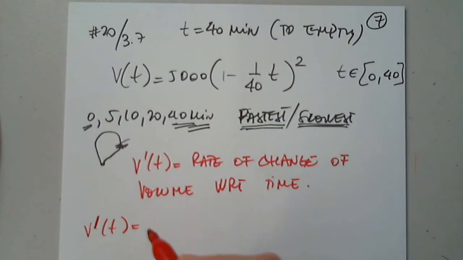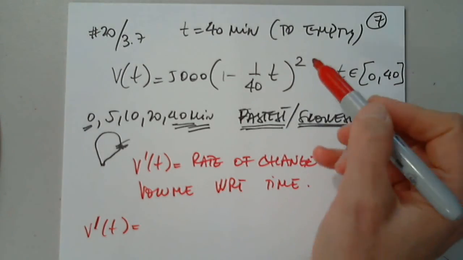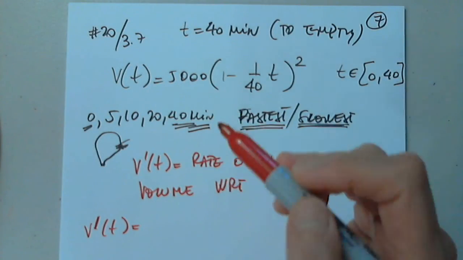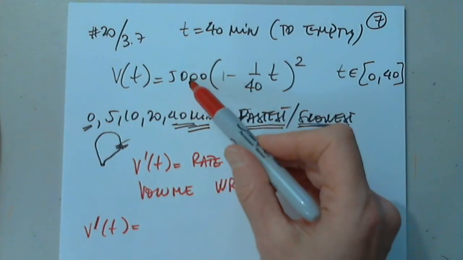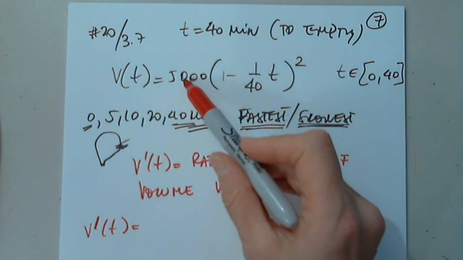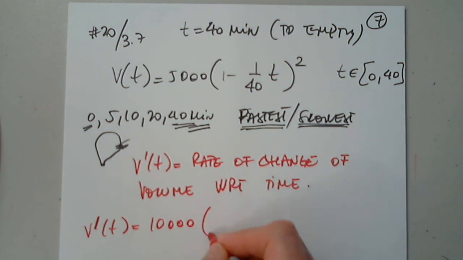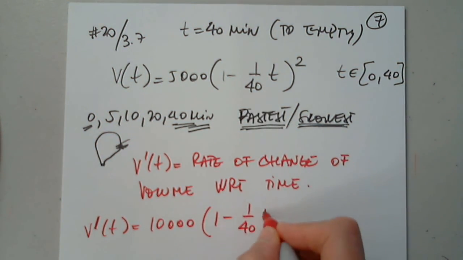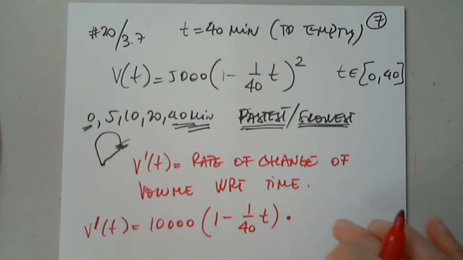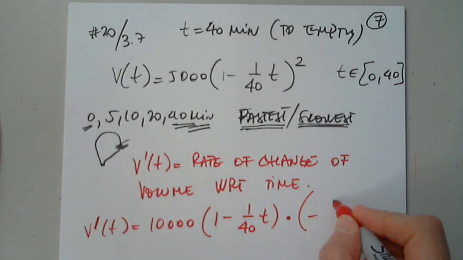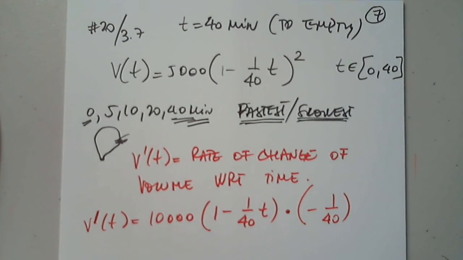Can anyone help with V prime of t? 10,000, very good, times 1 minus 1 over 40 t, to which power? 1. Times the inner function prime, which is -1 over 40. Excellent, brilliant, thank you very much.